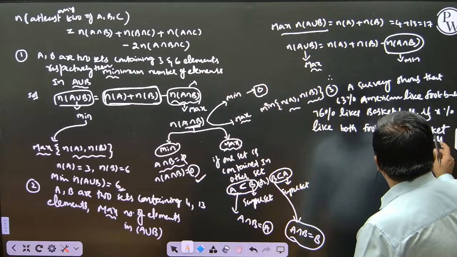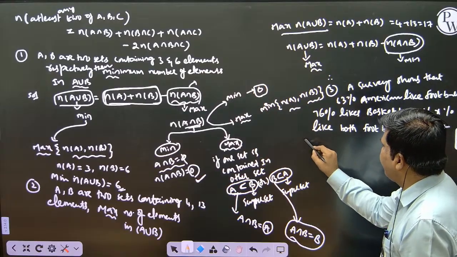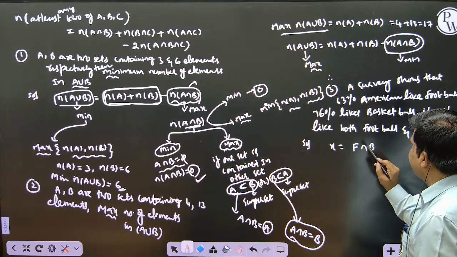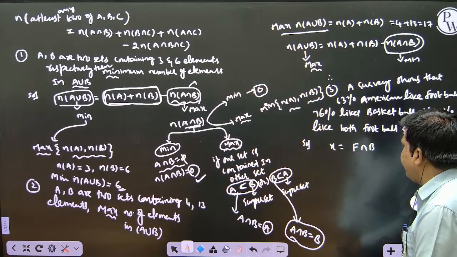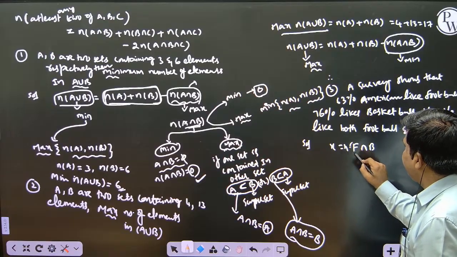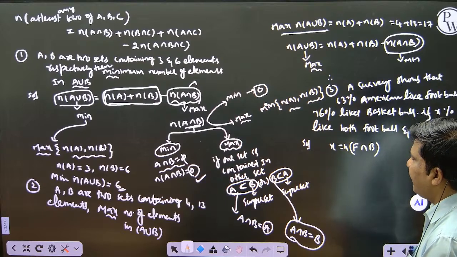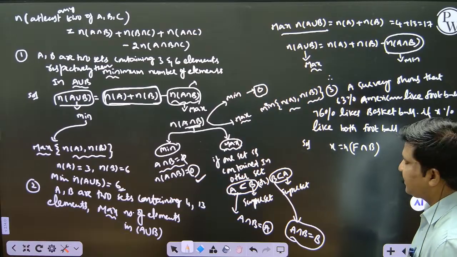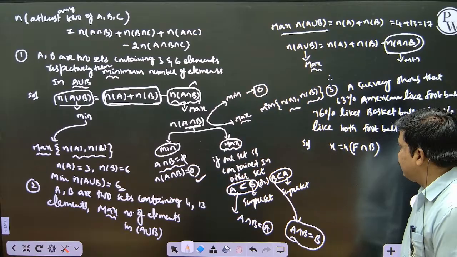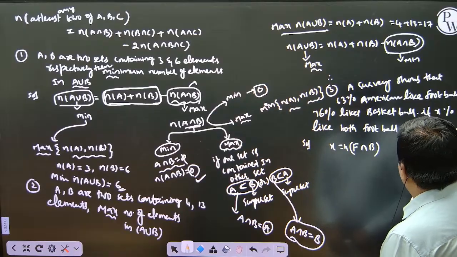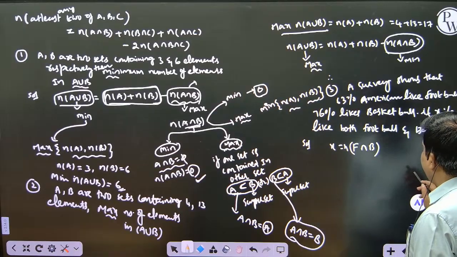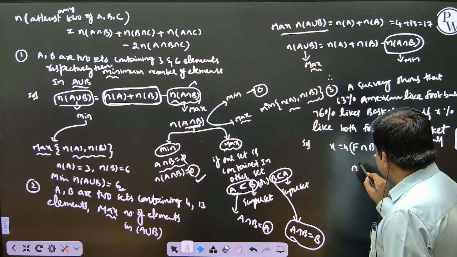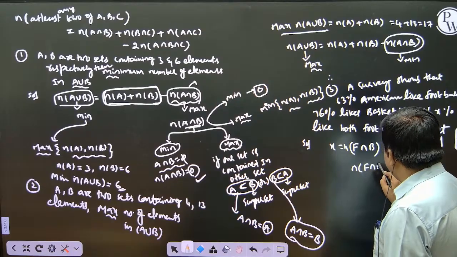Now here X is what? Here you can take the solution of this. You can take X equal to n of F intersection B, that is football and basketball. So now, we want to find out the range of n of A intersection B, or not.